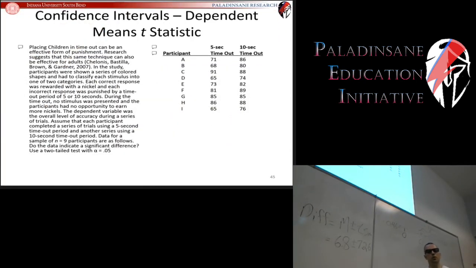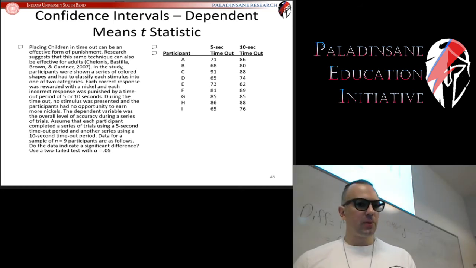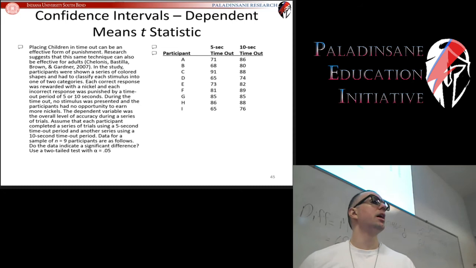So once more, we go back to the original data set that we had before. And once again, the calculation of the confidence interval begins with an identification of which test is required. So we would read through the description of where we got our data from, the experimental description.